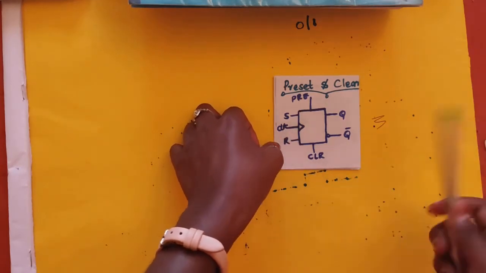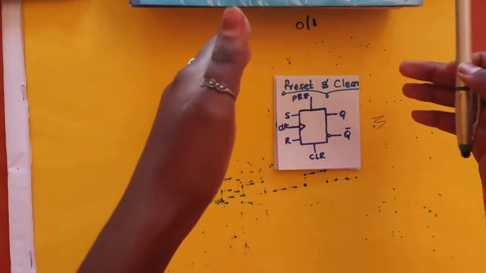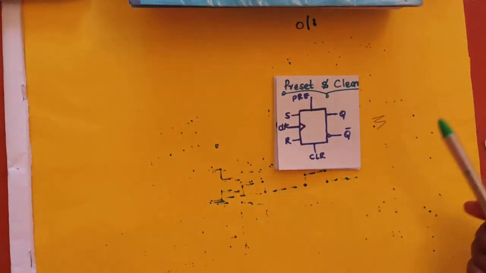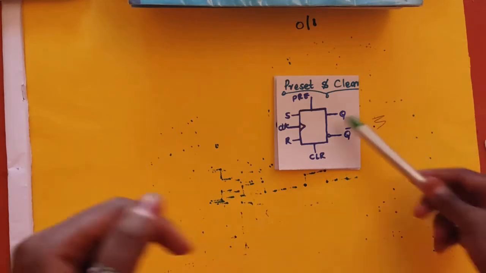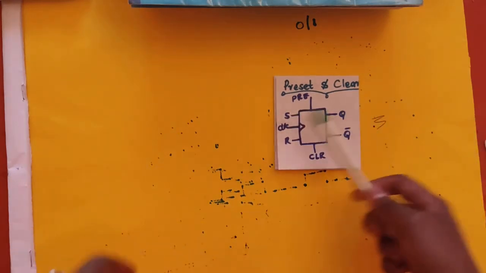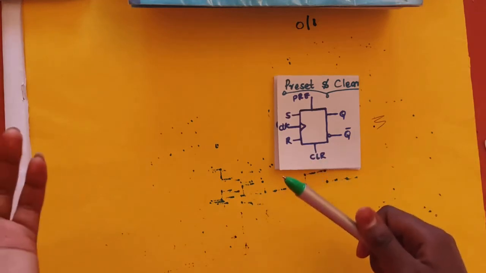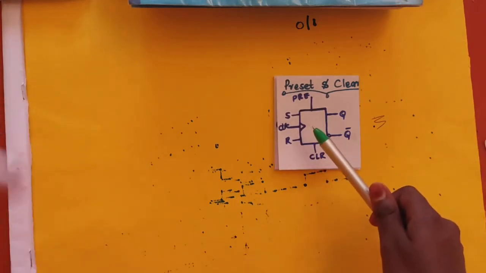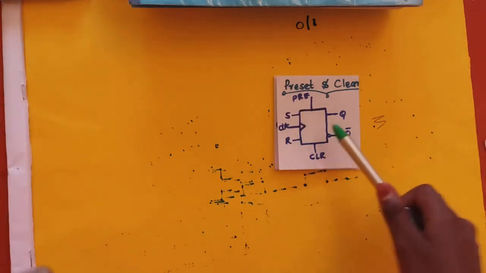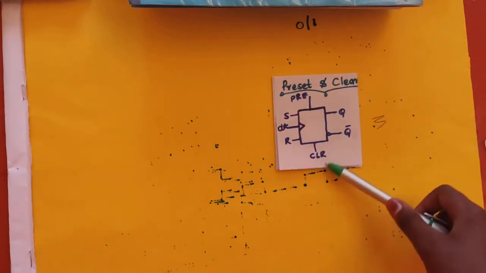They just feed in data, and depending on the clock signal, the inputs will be taken in or not, as I talked about in the SR flip-flop. So today we look at the preset and the clear.